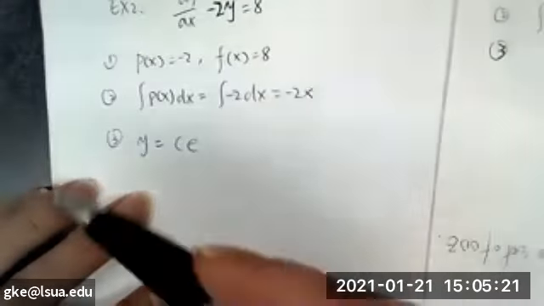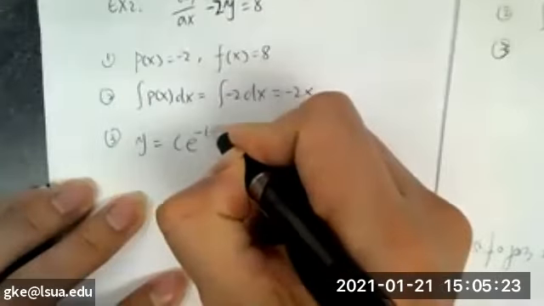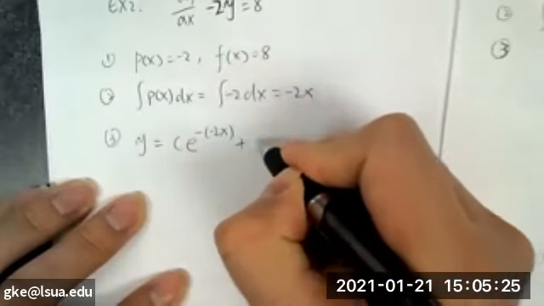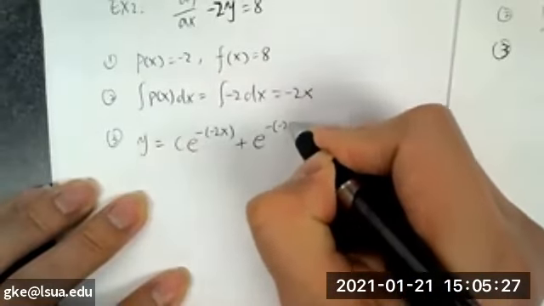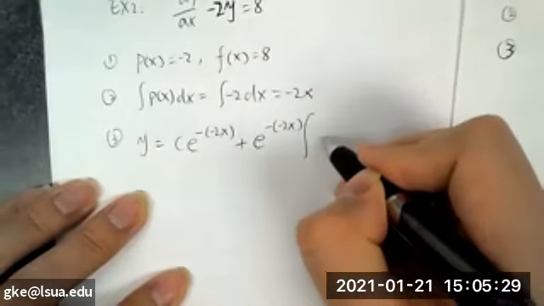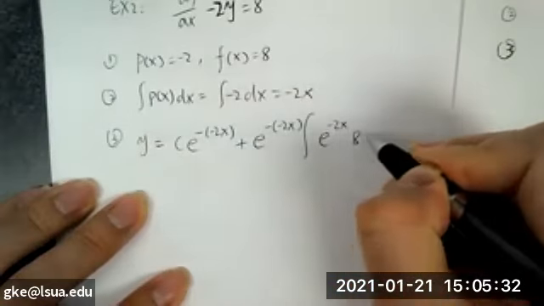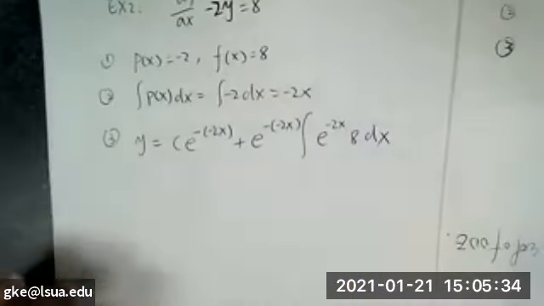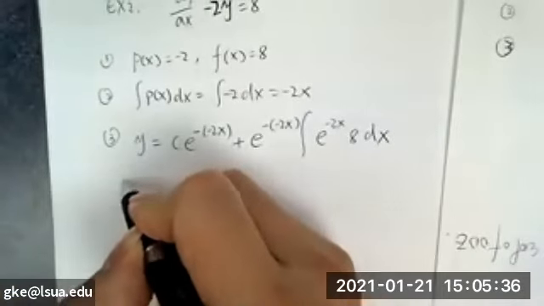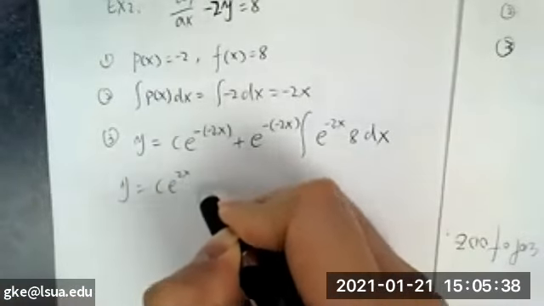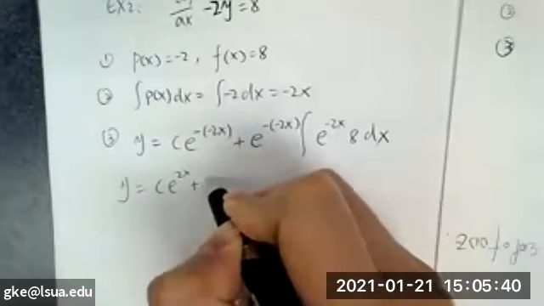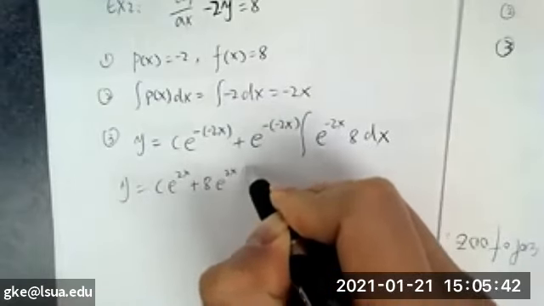So we have what? Negative 2x and e to the power -x and 8 dx. Right? And then we have what? Here's 8, put 8 outside.